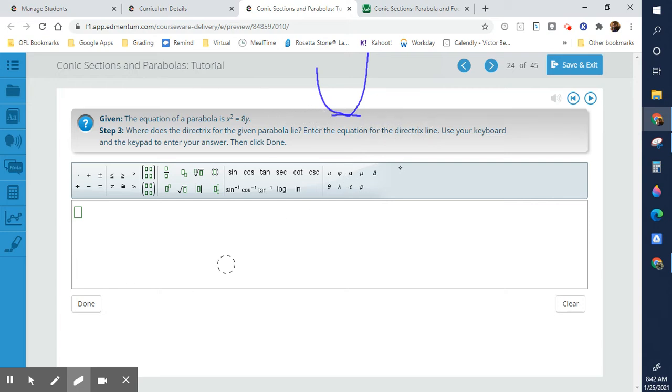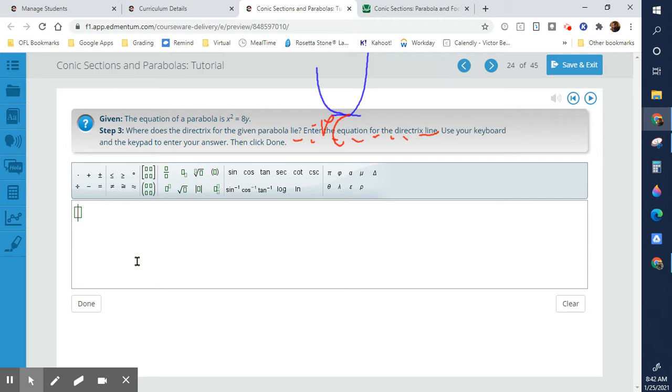So our directrix, sorry, because it's asking for the directrix, is going to be negative p, or in other words, subtract p from the vertex. So we need to subtract p from the vertex. We said that p was 2.